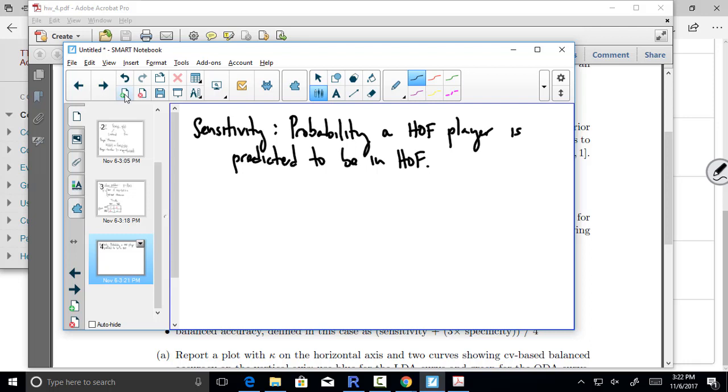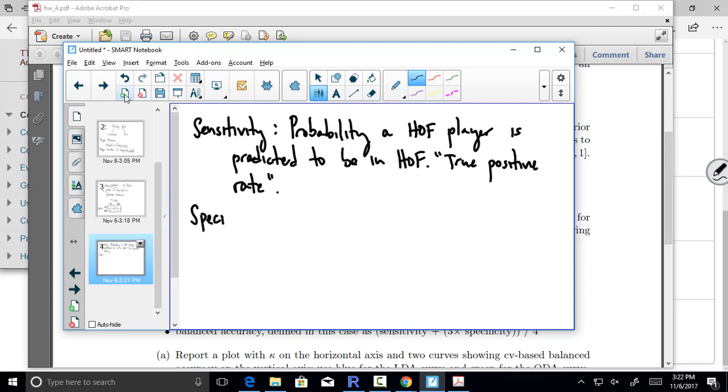We could call this a true positive rate. If the truth is positive, affirmative, yes, you're in the Hall of Fame, at what rate do we correctly predict that yes, you are in the Hall of Fame.